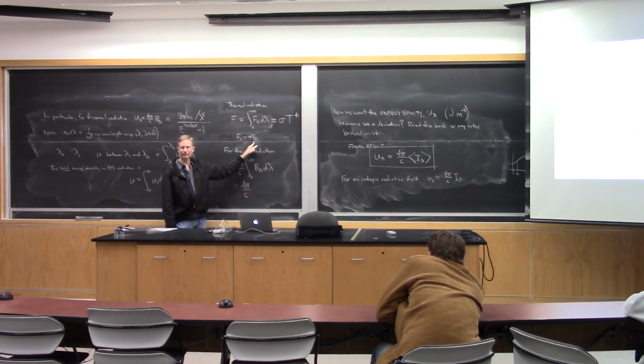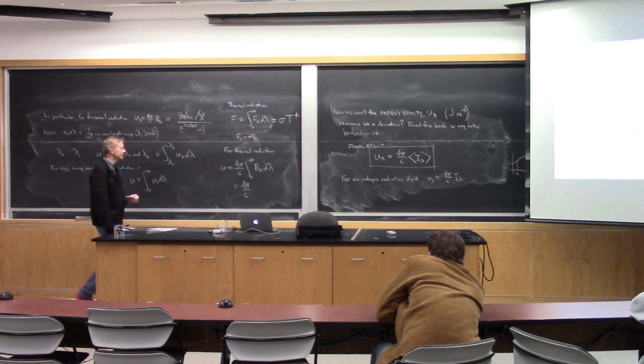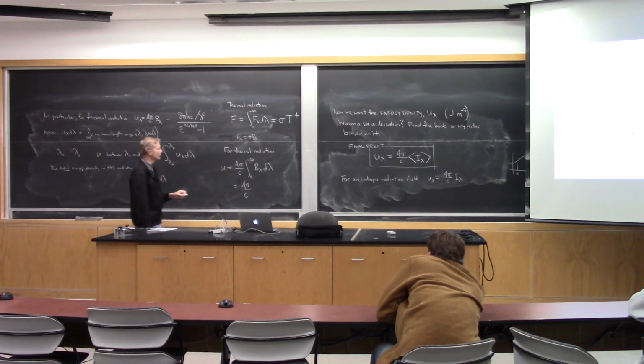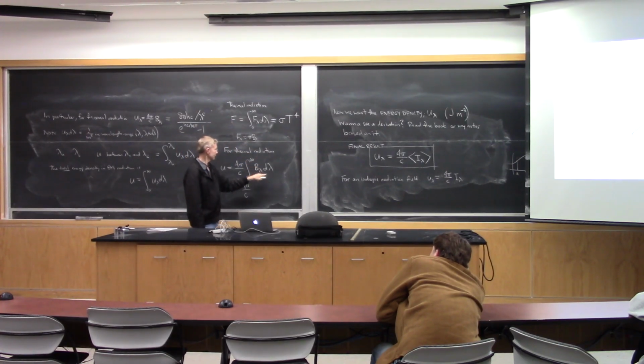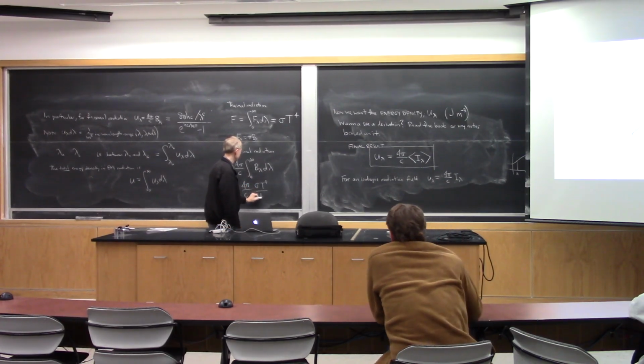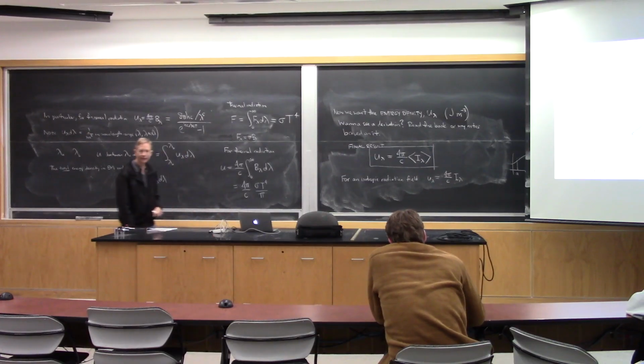And then when you integrate that over the outward hemisphere, you get pi. So we know that the integral of B lambda d lambda is the integral of F lambda d lambda over pi. So this integral right here is sigma T to the 4th power divided by pi.